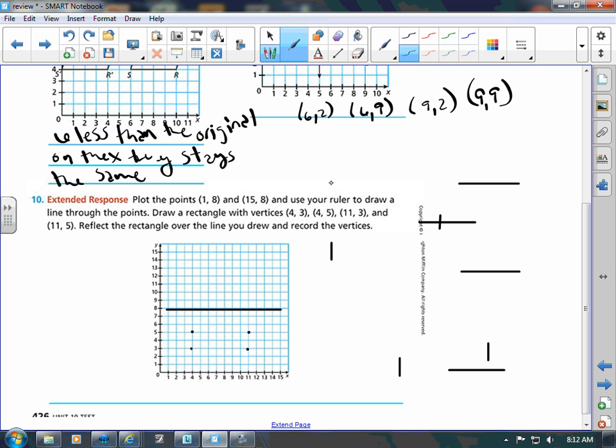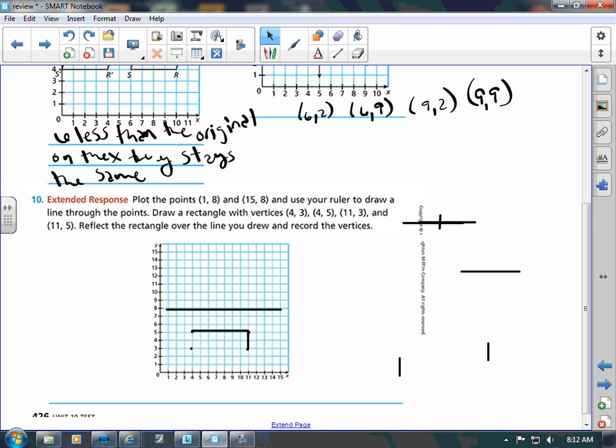And then I can make my actual rectangle. And then as I reflect it across, it's going to end up in a different location. So here's my original as it describes. And then I'm going to take that and reflect it across. So it means to end up in the exact same spot, the same number of positions away. 1, 2, 3, 1, 2, 3. Yep. Okay.